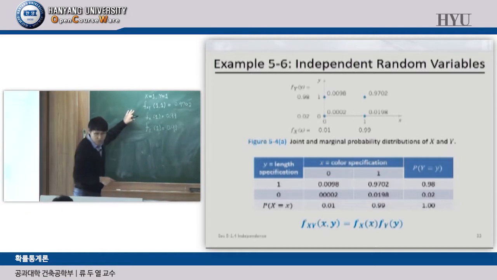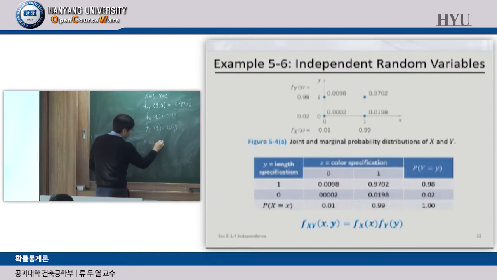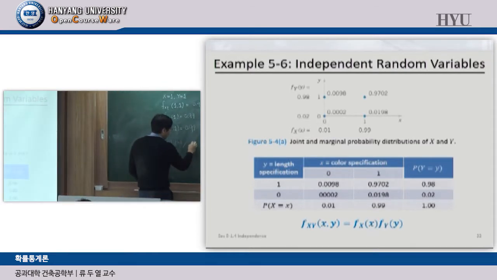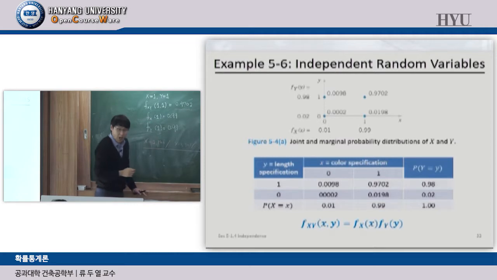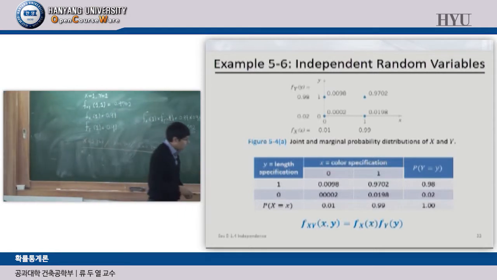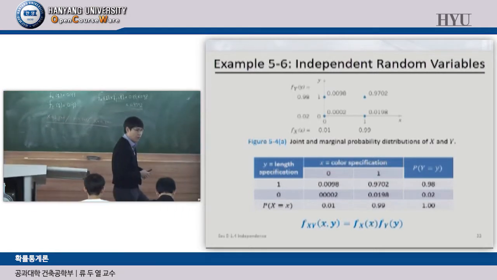And if you do the same calculation for the cases of x equal to 1 and y equal to 0, x equal to 0 and y equal to 1, and x equal to 0 and y equal to 0, you're going to have the identical result, which means that the joint probability mass function is equal to the multiplication of the marginal probability mass function of each random variable. So, in the case of independence, this relationship is always satisfied.